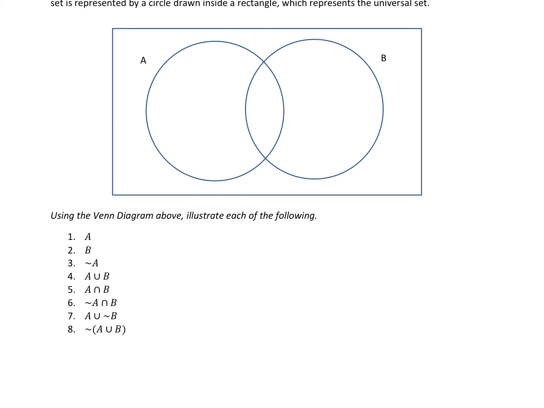Everything that's not in set A. So that would include everything in the universe, all the rectangle, right? And then of course everything in set B. So we're just basically shading everything except circle A. And that would represent the complement of set A.